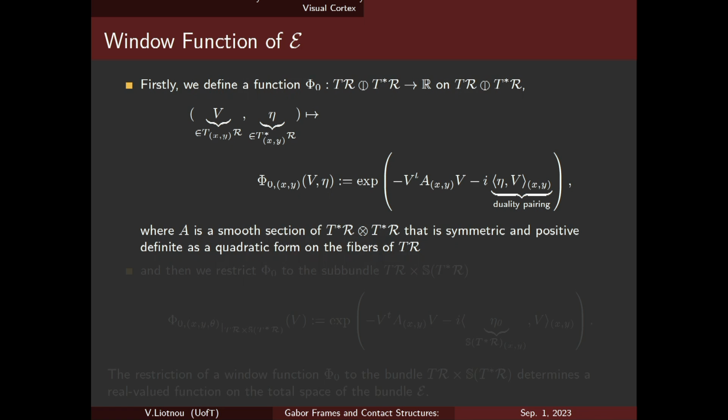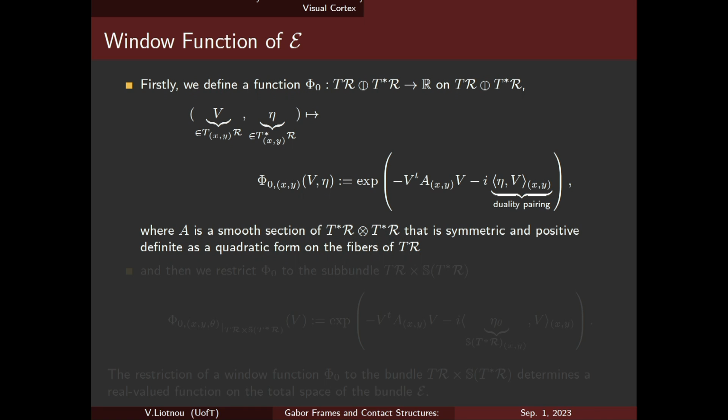And then we want a window function. We started by defining a function that looks a lot like what we eventually want on the Whitney sum of the tangent bundle of the retina and the cotangent bundle, which takes a vector and a covector, let's say pointwise, and sends them to this exponential, where the first part is a Gaussian, a generalized Gaussian, with alpha being pointwise symmetric and positive definite.